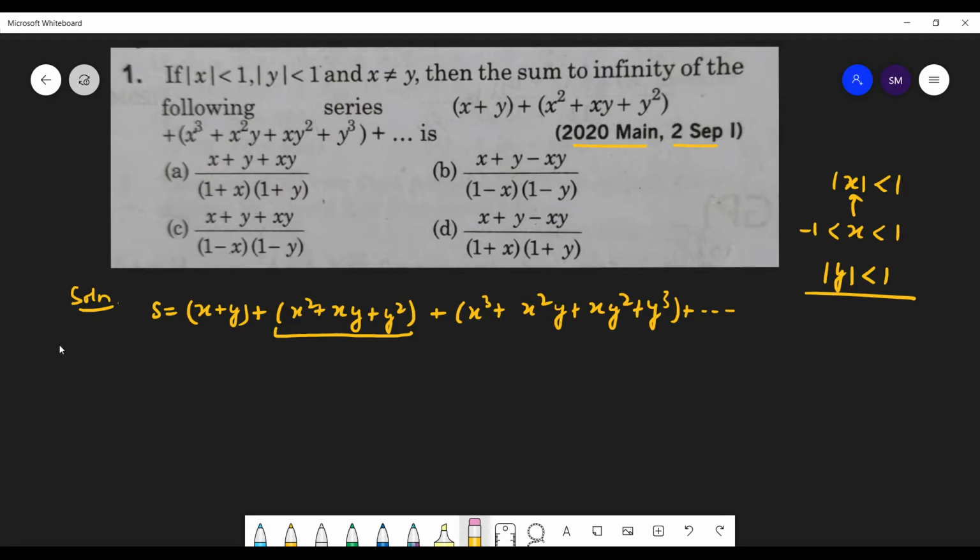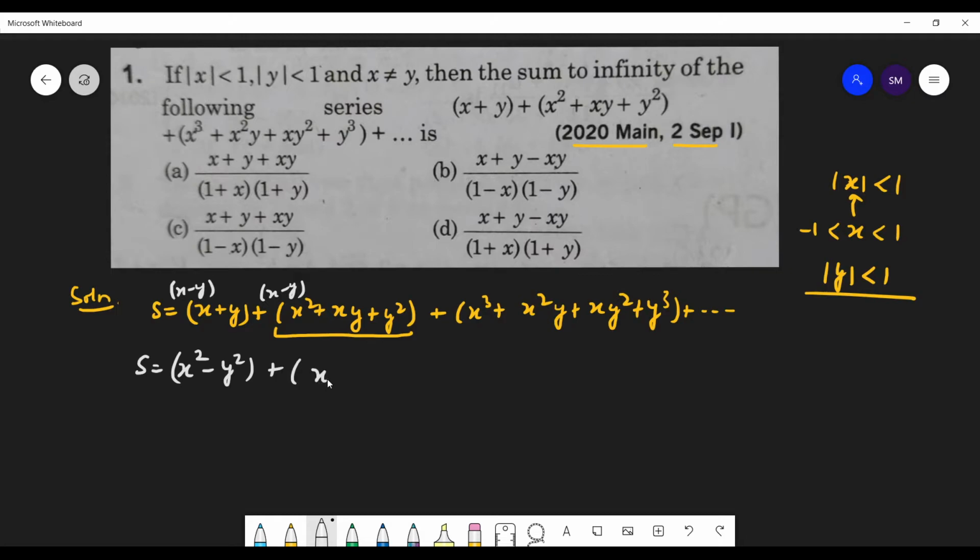See, if you multiply these expressions with x minus y, what will happen? Then S into (x minus y) will be equal to x square minus y square plus x cube minus y cube, we have just used this formula, students.